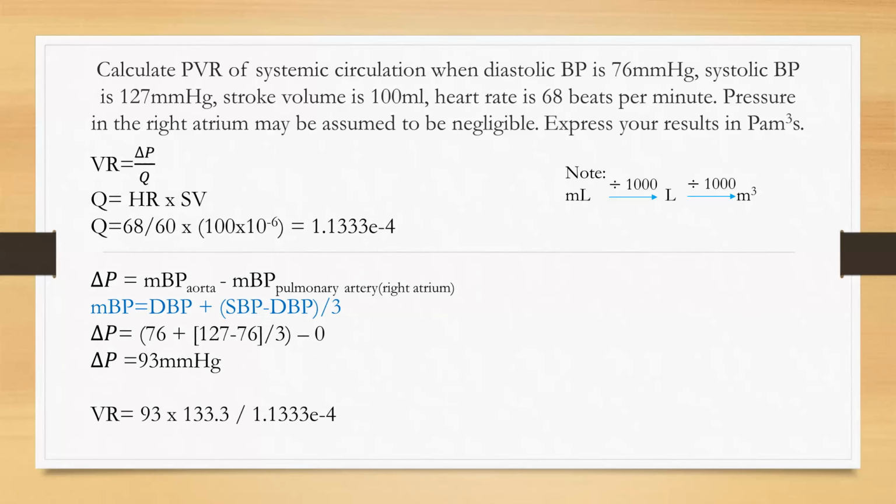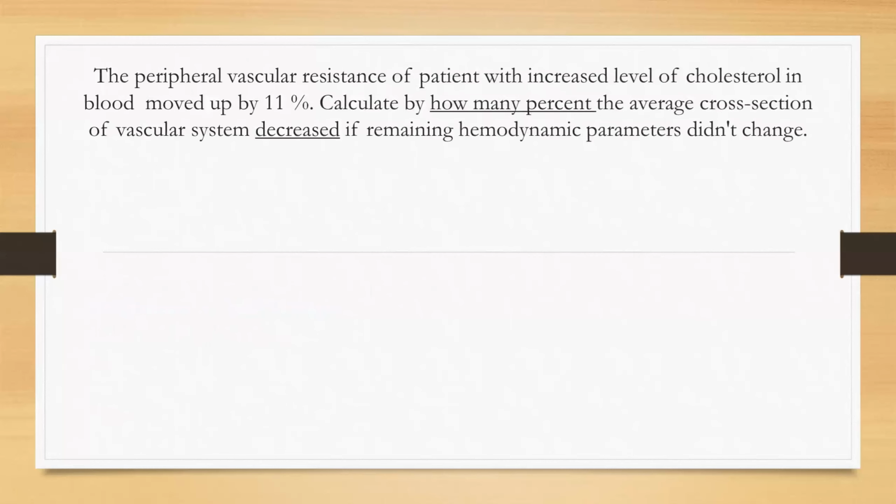And from that, we can calculate the vascular resistance, which is 1.9 times 10 raised to minus 8 Pascal meter cube second. We're going on to the next question. Here we are told that the peripheral vascular resistance, PVR, from the previous question, increases by 11% with the level of cholesterol in the blood.